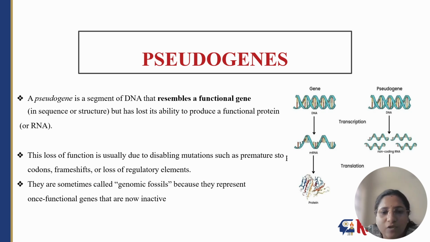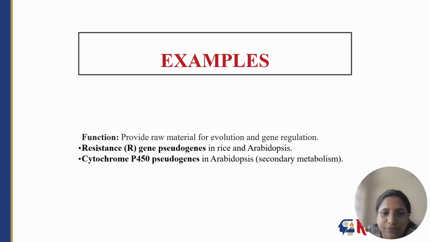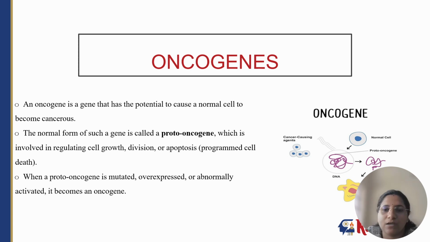They are sometimes called genomic fossils because they represent once-functional genes that are now inactive. Examples are resistance gene pseudogenes and cytochrome P450 pseudogenes in Arabidopsis.